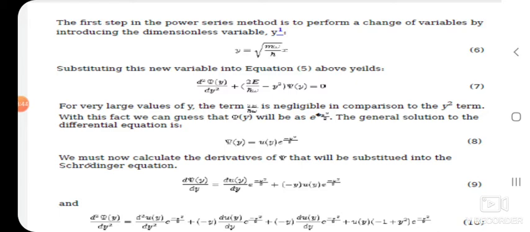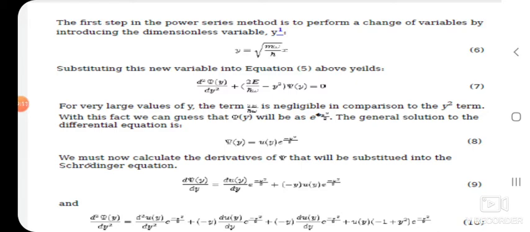If we substitute that, we get d square psi of y by dy square plus (2E by h cross omega minus y square) psi of y is equal to 0. Simply, we are changing the variables x to y.